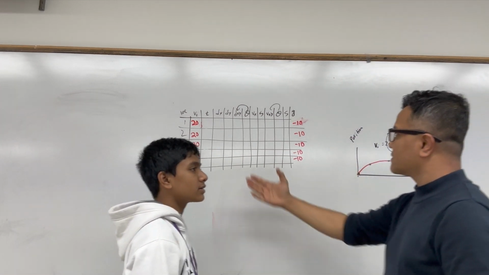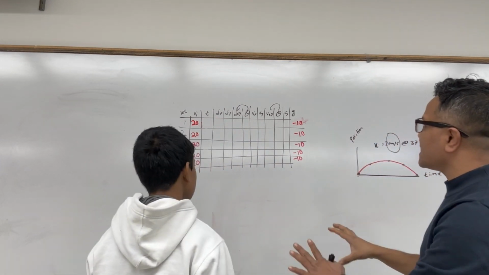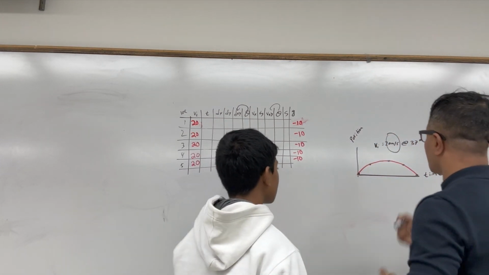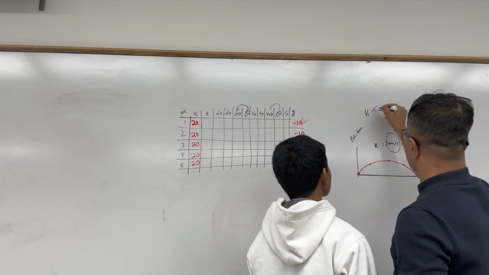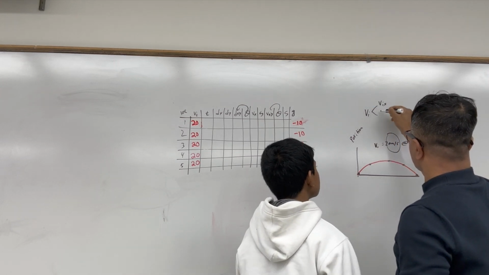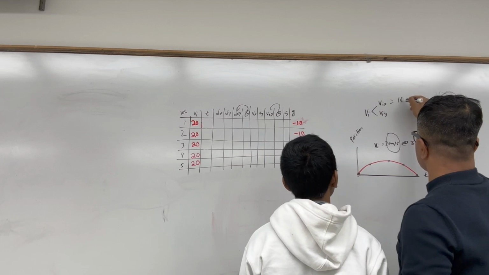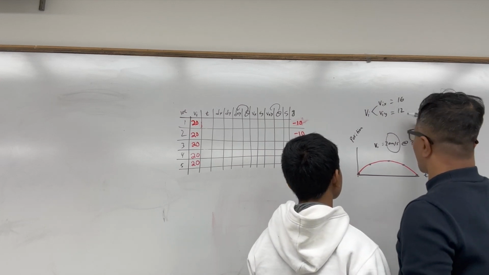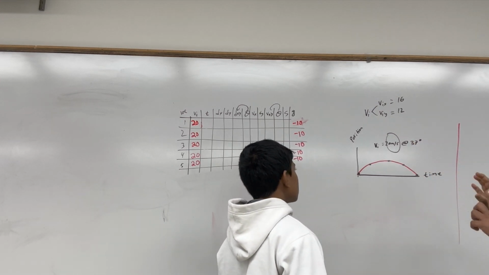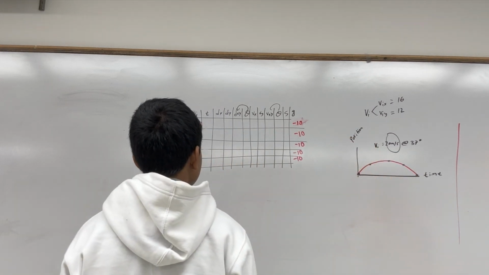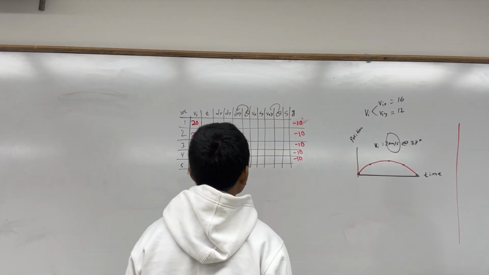Yeah, that's right. Now, before we do anything, remember we found this one. Vi is Vix and Viy, and Vix is 16 and Viy is 12. So based on this information, which column should we be able to do?